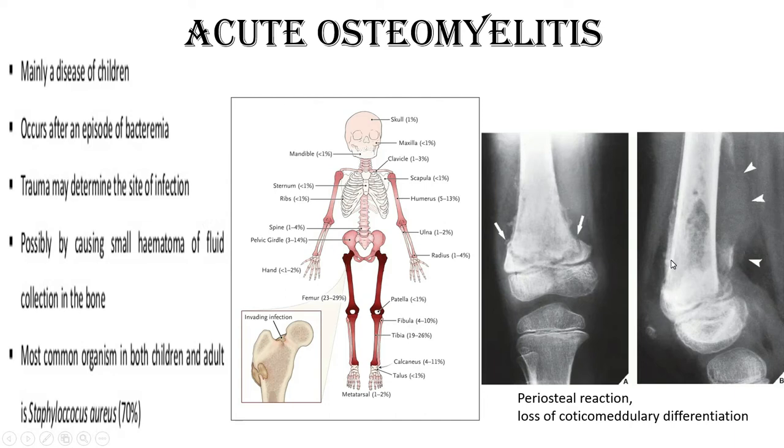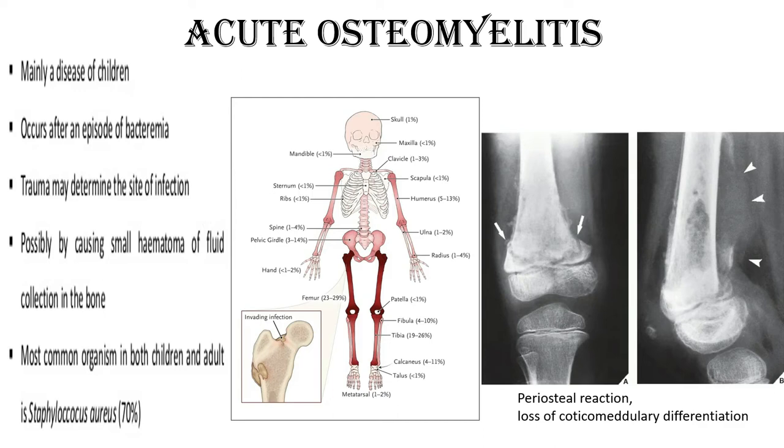Now you can easily understand that in these 7 to 10 days the patient can die of sepsis, can present with a pathological fracture, or can present with septic arthritis, which is the most common and dreaded complication of acute osteomyelitis.